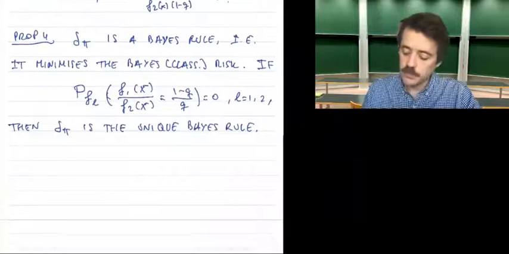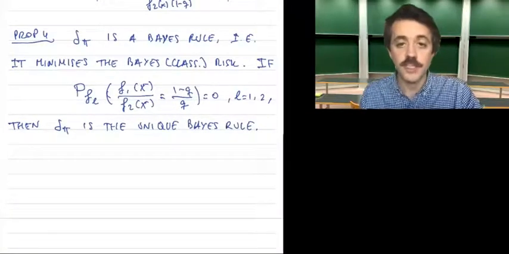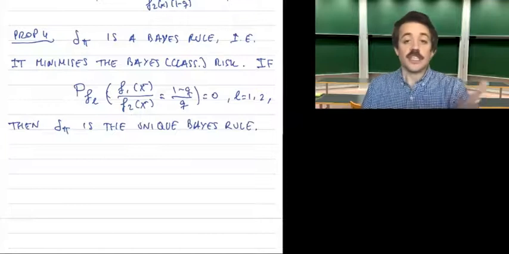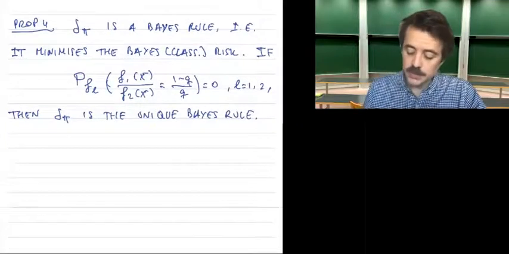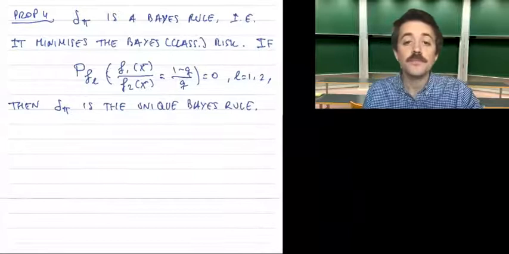So that's implicitly having a loss function for classification, which is just an indicator, right? So we've sort of seen this implicitly.